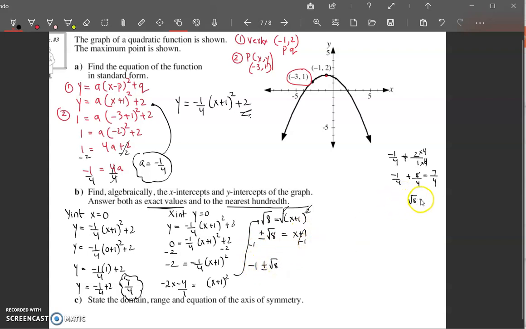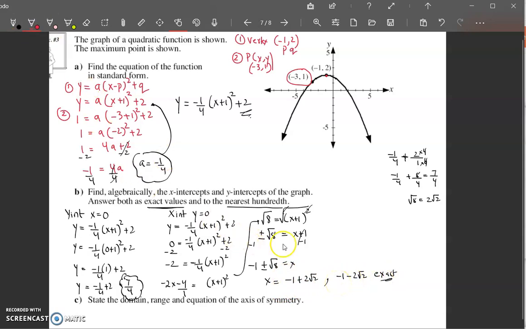Square root of 8, remember, is 2√2. So I can write my x-intercept as two values, -1 plus 2√2, which is the same as square root 8, and the second one would be -1 minus 2√2. So these would be the exact answers because we did not round them.